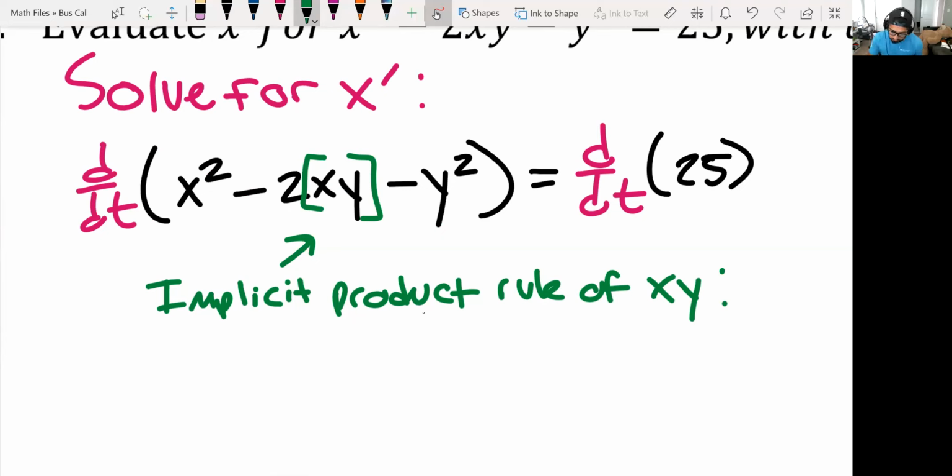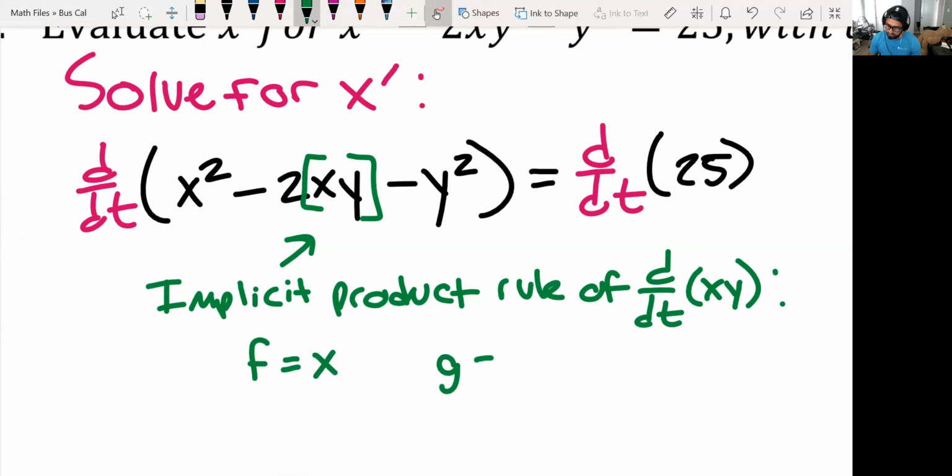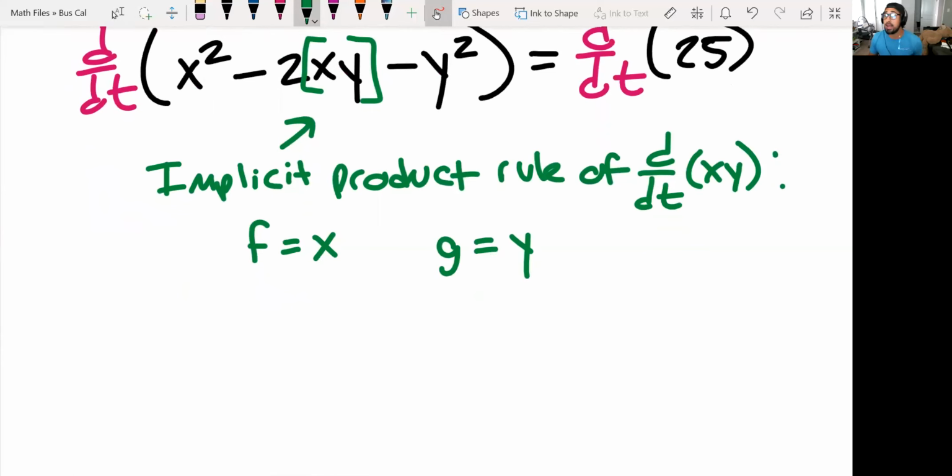So I'll write that here. d over dt of x, y, which means that f will be x and g will be y. And now remember, when we take the derivatives, these are both derivatives with respect to time.